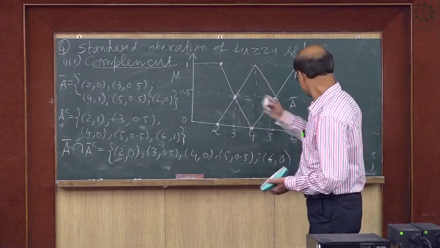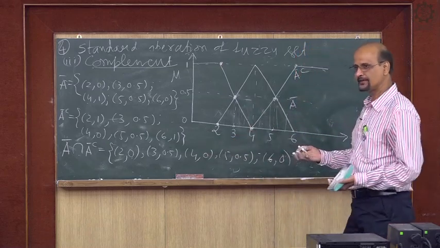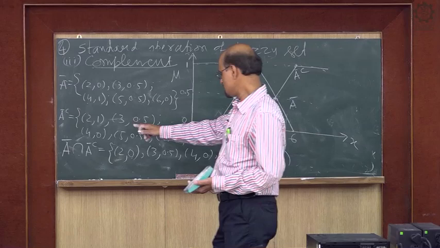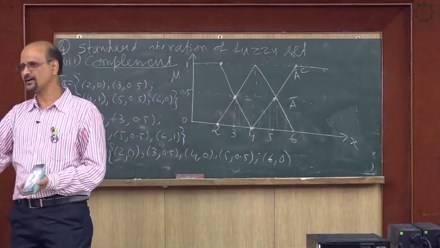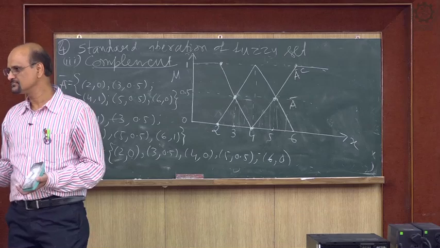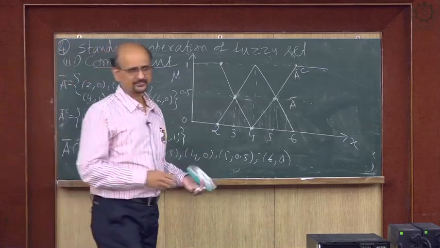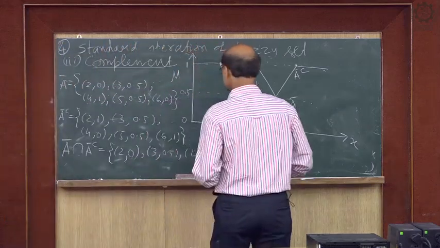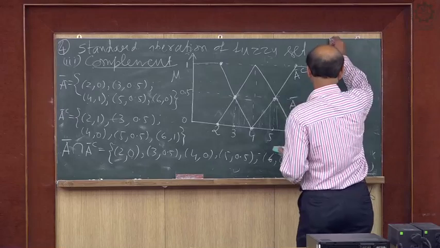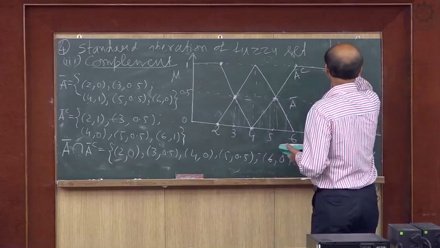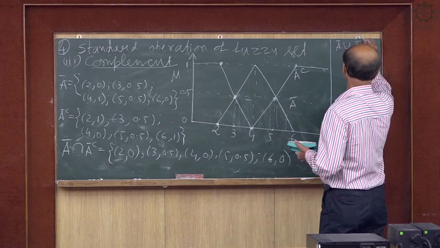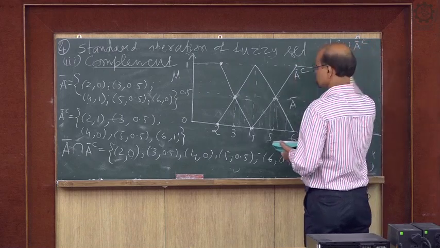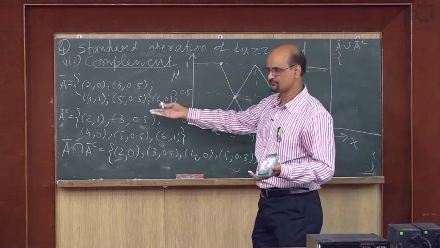Now comes A bar union A bar complement. Or A union A complement, which you know should be X, the universal set. Let us see what happens by your definition. For each element I take the maximum.